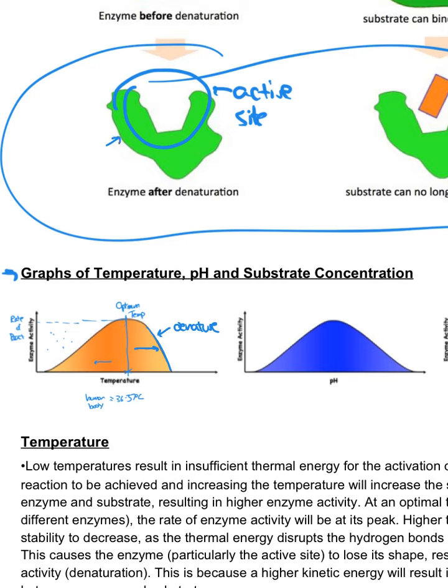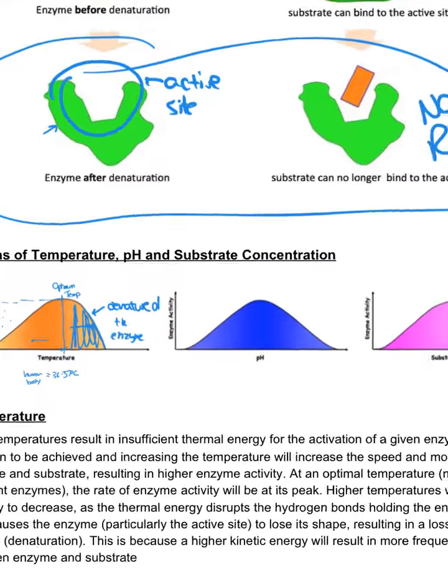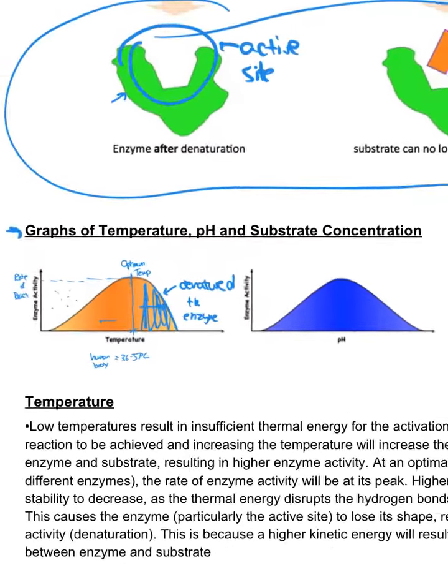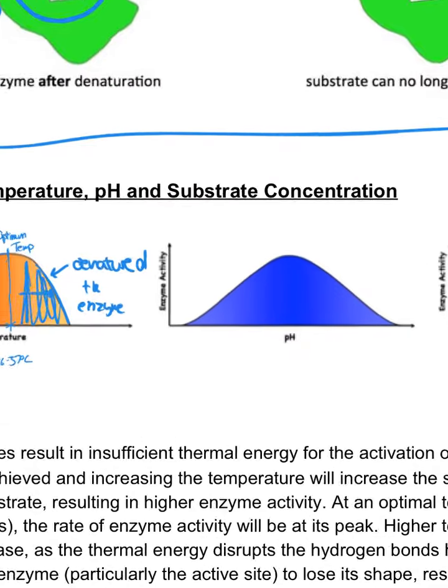So when we get over to this point, we've denatured the enzyme, okay? So the enzyme will no longer work. So that's one explanation for that graph, and it's all explained down here.